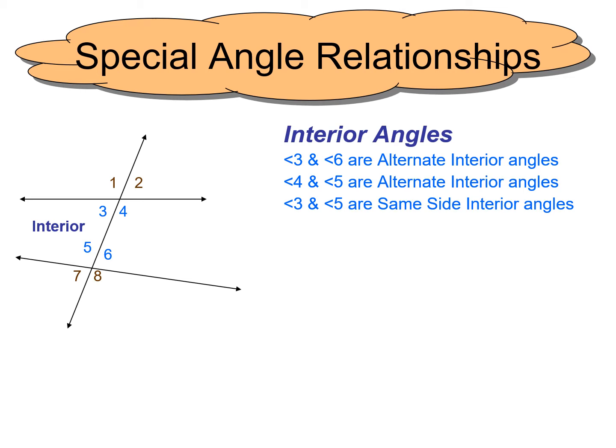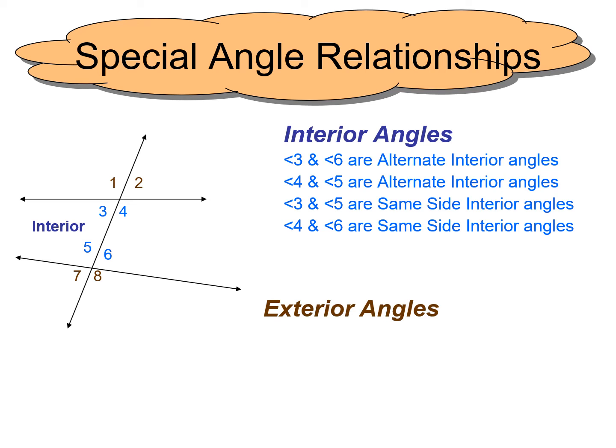Another one is same side interior angles, so we have 4 and 6. So in short, in the interior part of the two given lines with the transversal, we have to consider two concepts: the alternate interior angles, as well as the same side interior angles.